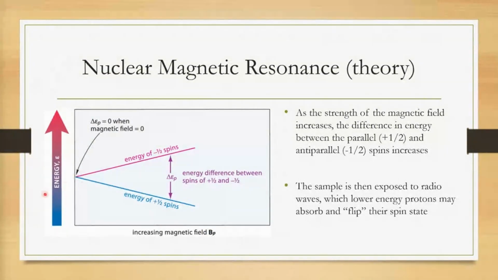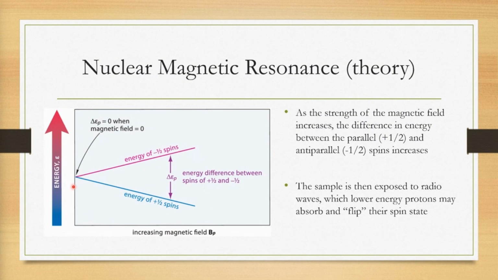So thinking about, in this image, we have the energy of nuclei, energy of anti-parallel spins are pink, and then the energy of parallel spins are blue. As you increase the strength of the magnetic field, the difference in energy levels increases. So a stronger magnetic field, you'll have a greater difference between these two energy states.